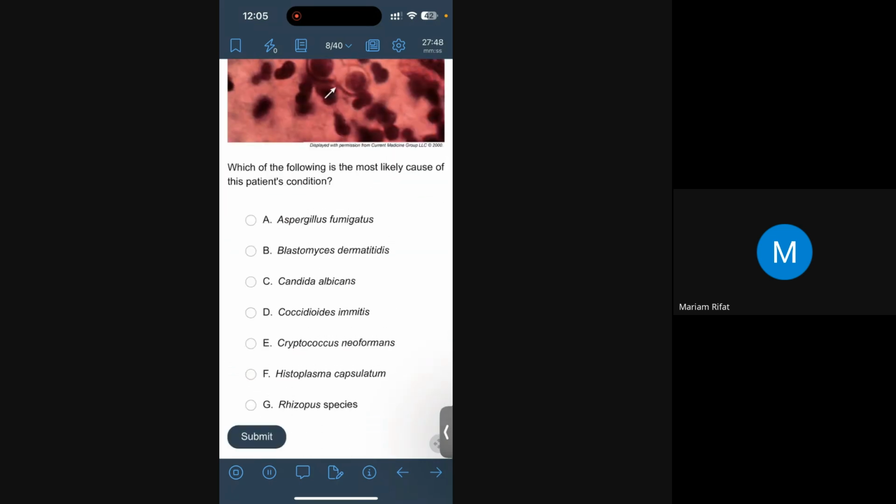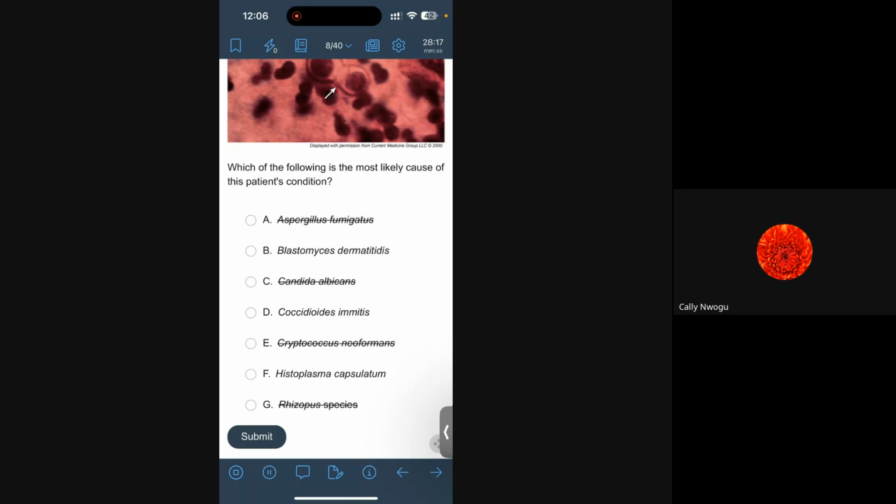See the options. Aspergillus: we know that in Aspergillus you are going to see hyphae. In Candida you are going to see pseudohyphae. Cryptococcus neoformans, Histoplasma, Rhizopus also show hyphae. For Cryptococcus you see the red one and the India ink halo, a very thickened capsule.